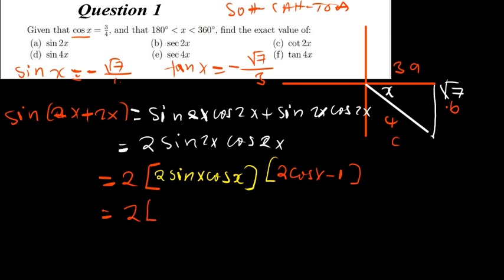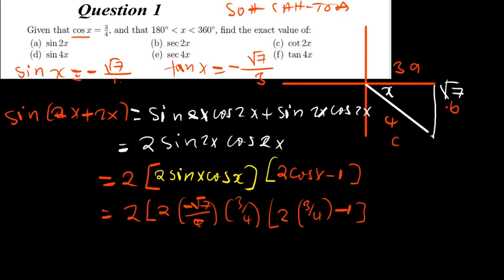So 2 sine x, what is sine x? Sine x is negative root 7 divided by 4. Cos is 3 over 4. Then here again 2, then cos is 3 over 4, minus 1. Now you can simplify this and find the answer. Not so?